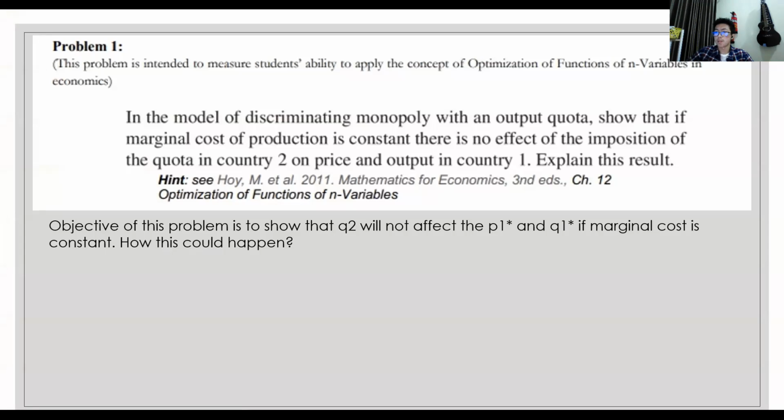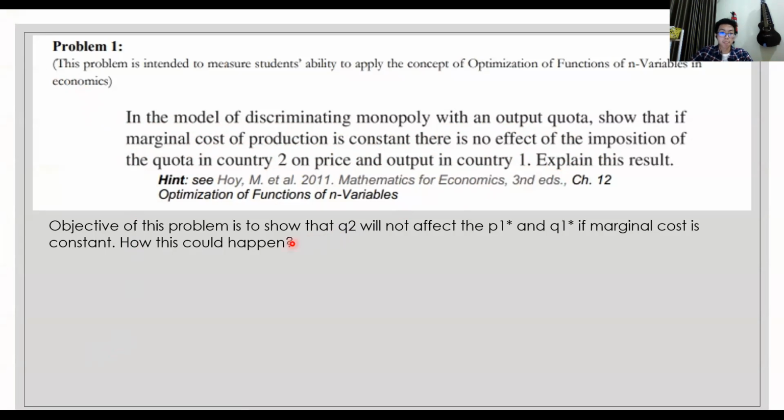So the problem is the model of discriminating monopoly with an output quota. Show that if the marginal cost of production is constant, there is no effect of the position of quota 2 on price and output in country 1.